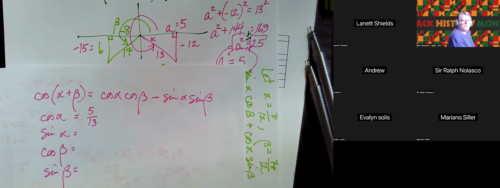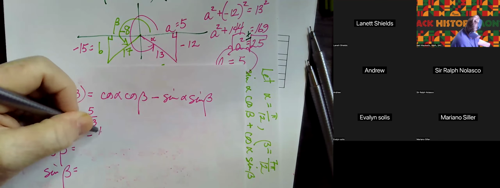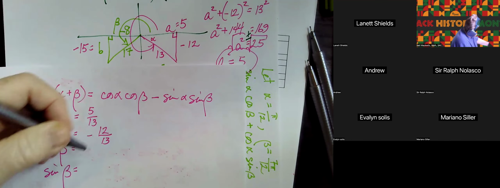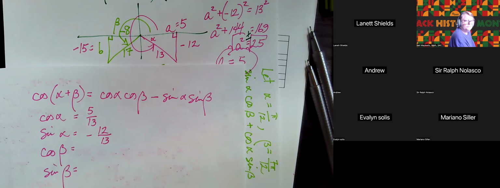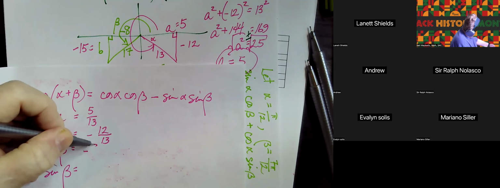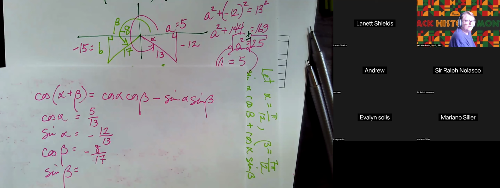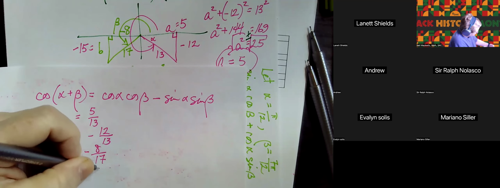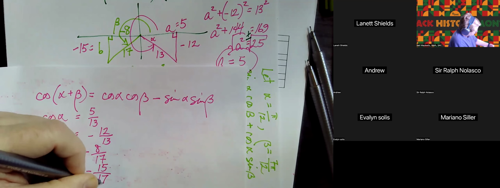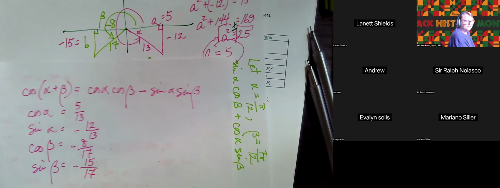Is it easy to read off of the triangle? Yeah. Cosine of beta? -8 over 17. And the sine of beta? -15 over 17. Okay, excellent.